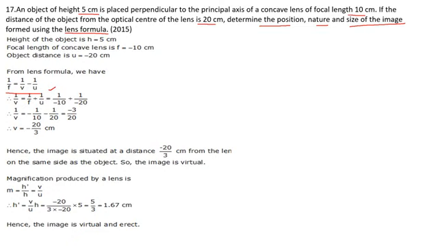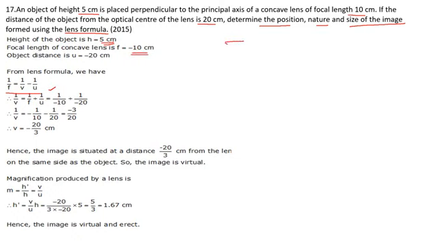Height of an object is given 5 centimeter, right? It is given in centimeters, so we don't have to convert. Then the focal length of the concave lens is minus 10 centimeter because it is a concave lens, children.